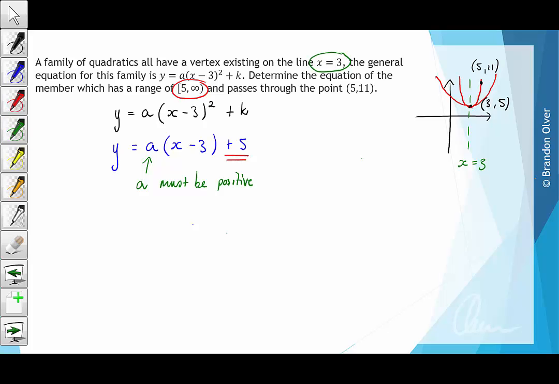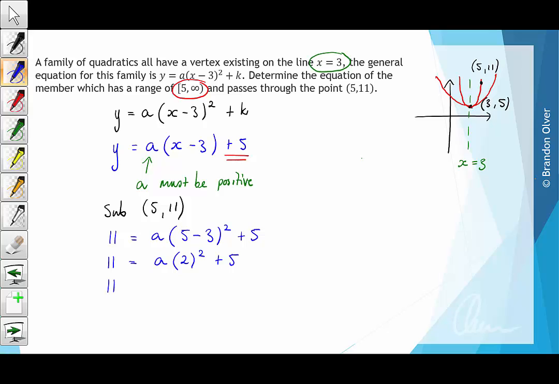So the next thing we can do is substitute in the point to find the value of a. So we're going to substitute the point (5, 11) into the equation. We find that 11 is equal to a times (5 minus 3) all squared plus 5. So therefore 11 is equal to a times 2 squared plus 5.